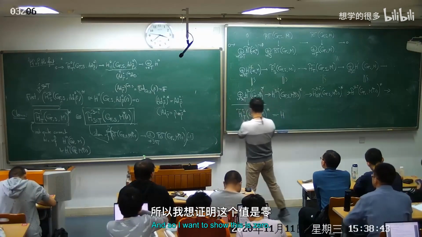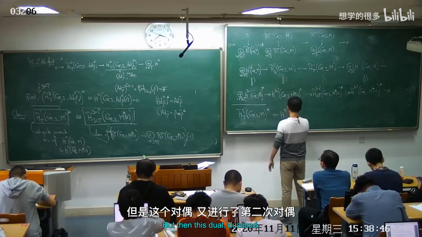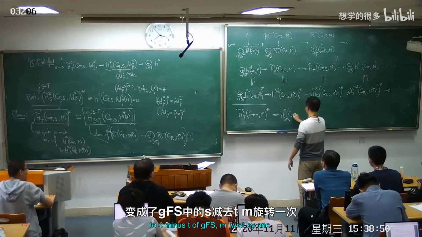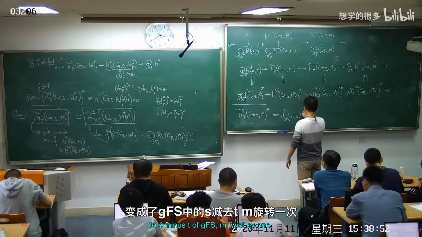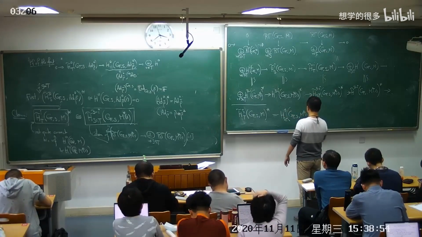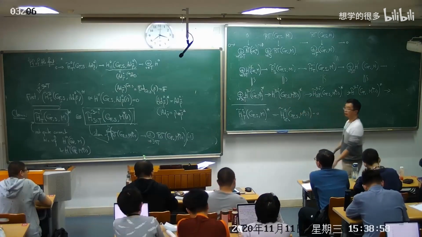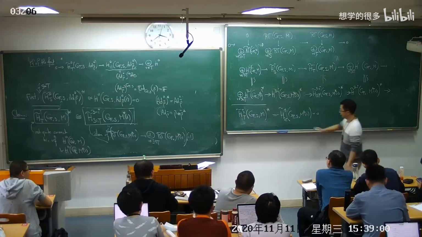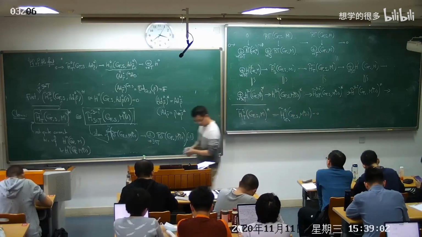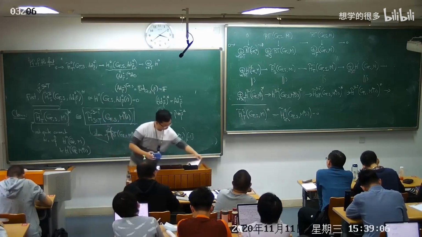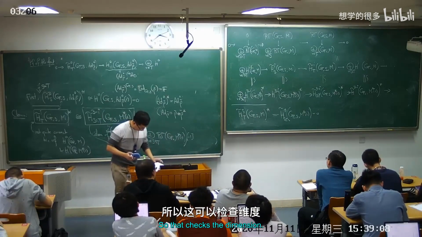And so I want to show this is 0, but then this dualizes to H^0 of S minus T of G_{F,S} M twisted by 1. And this guy is 0. It's by basically the same argument. So that checks the dimension.